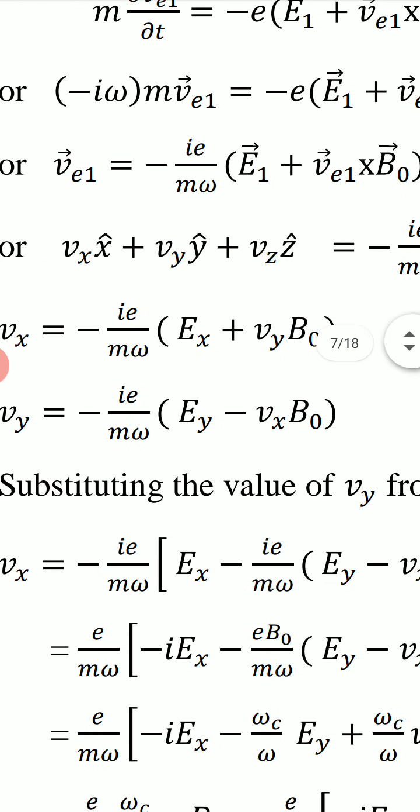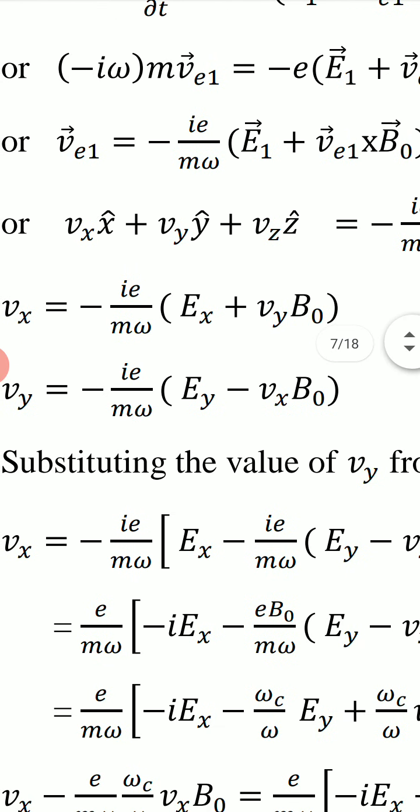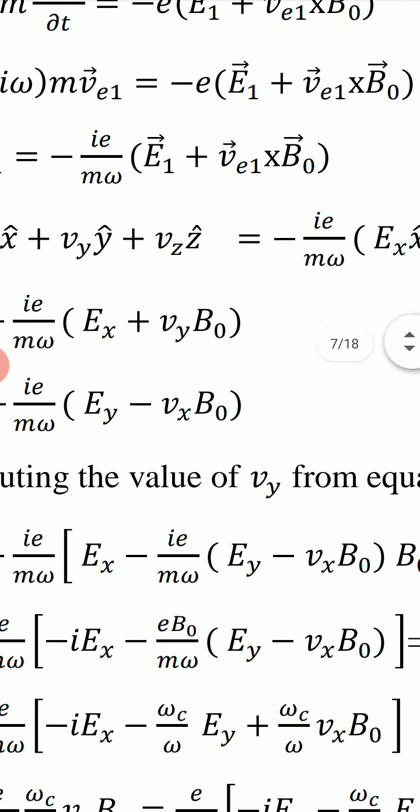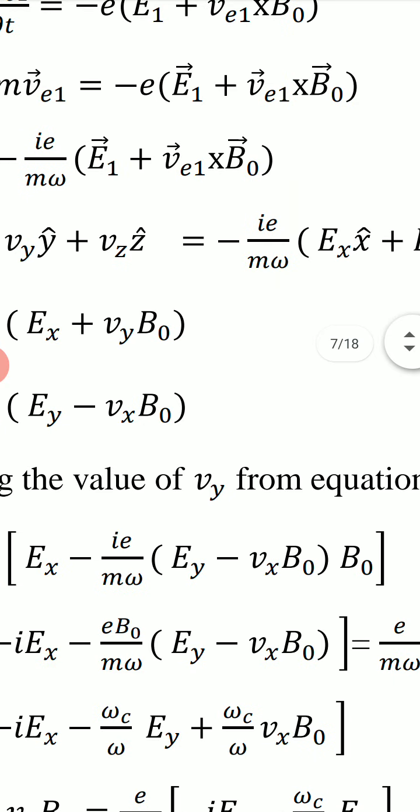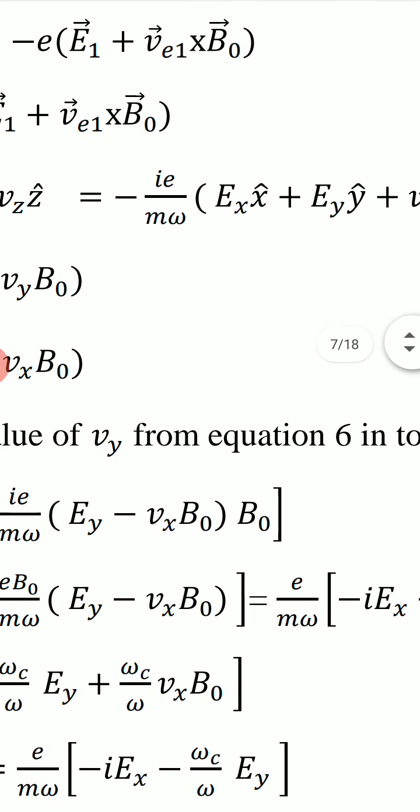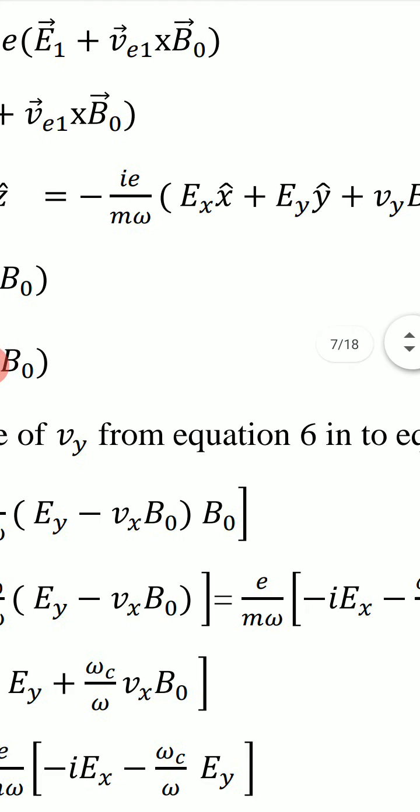Now ve1 vector we write as Vx x cap plus Vy y cap plus Vz z cap. ve1 vector has three components, Vx, Vy and Vz. So it is equal to minus i e upon m omega, and put the value of E1 vector, which is Ex x cap plus Ey y cap.